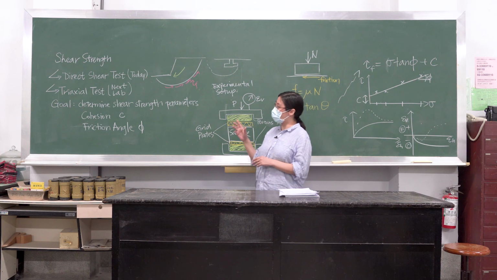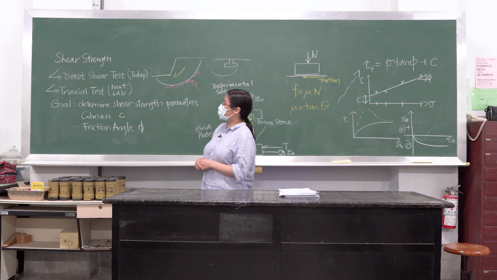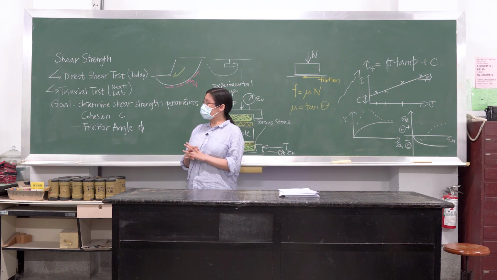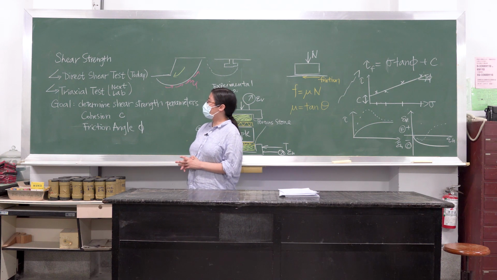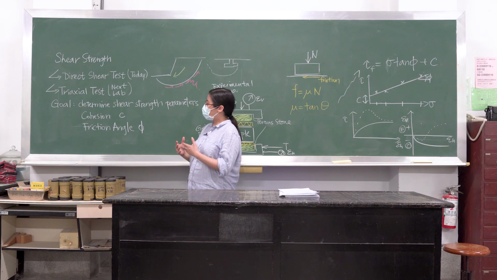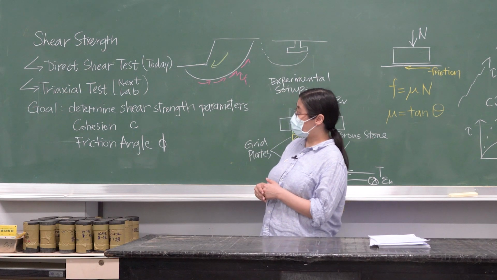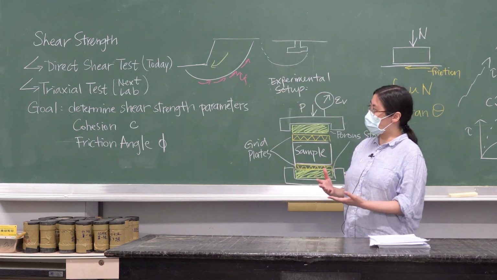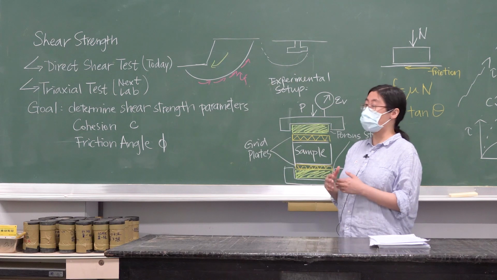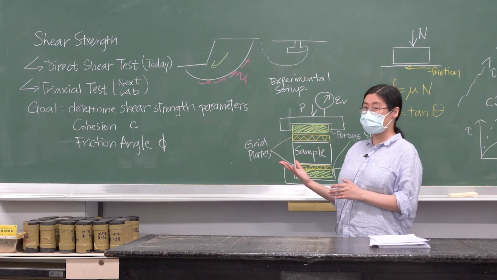Today we are going to perform the direct shear test, and in the next lab we are going to perform the triaxial test. For shear strength, it is important to know that its value depends on how you apply the loading. As you would expect, if you evaluate the shear strength by direct shear test, the shear strength parameter you obtain may be different from that obtained through triaxial test.